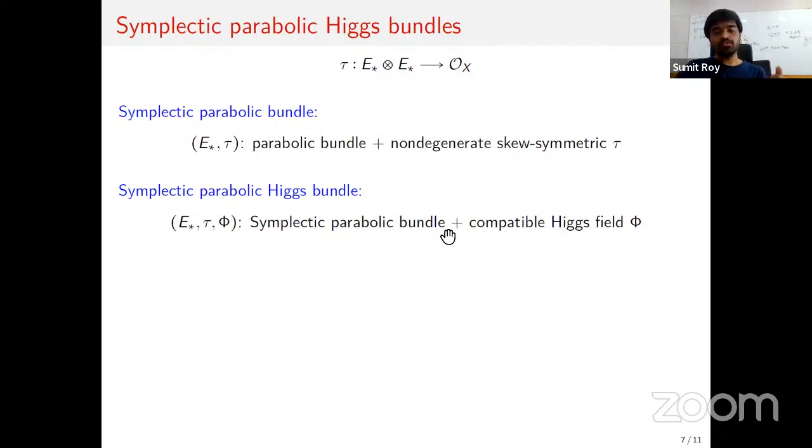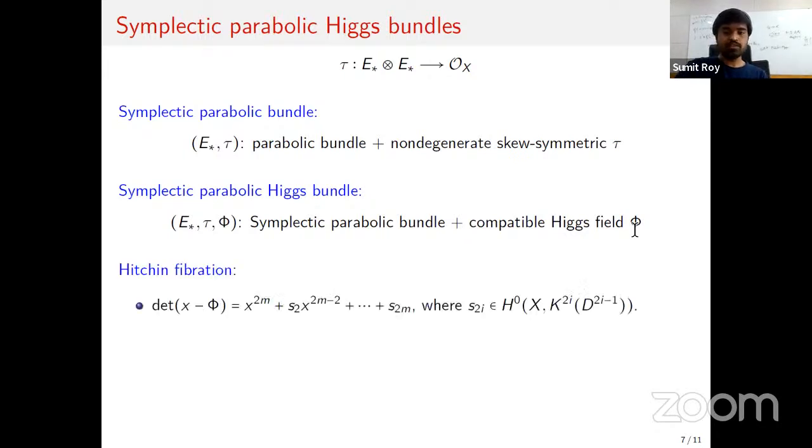Okay. So this compatibility condition induces a nice property, because of the compatibility condition of the Higgs field, the characteristic polynomial of φ has a nice form. So it is of this form. The characteristic polynomial of φ is basically, so there are no odd coefficients here. So all exponents are even.